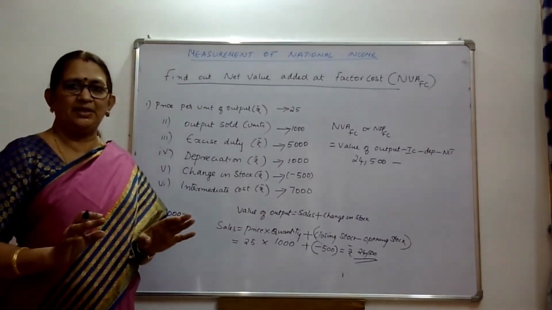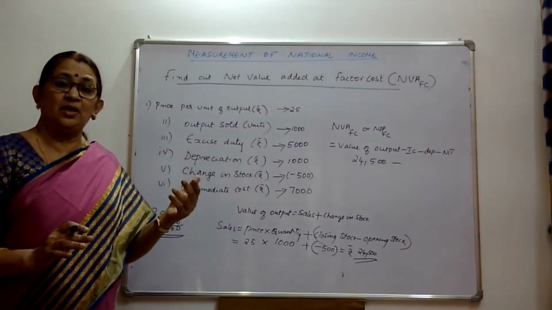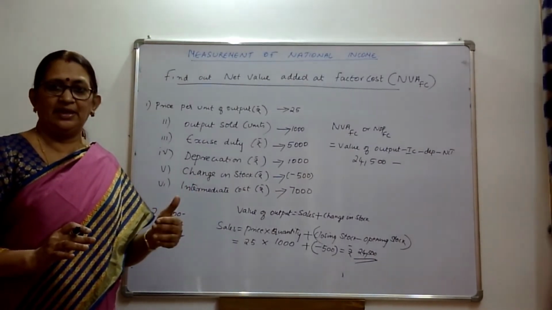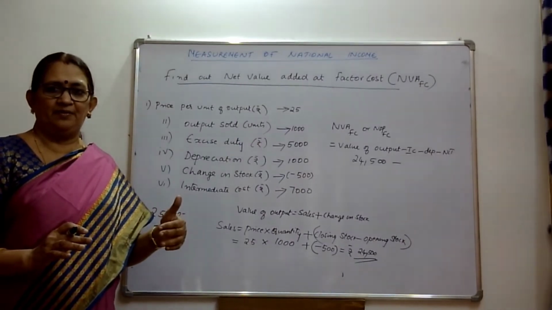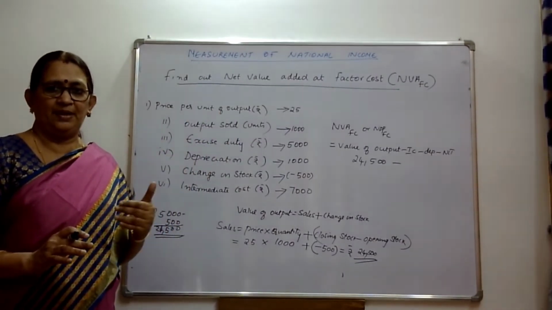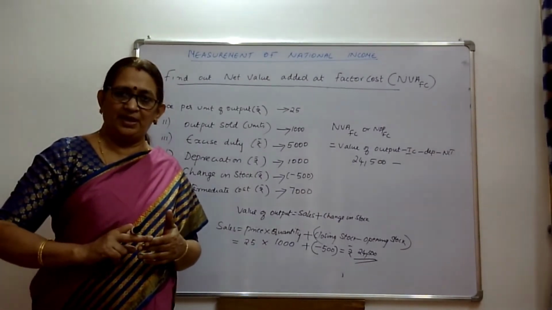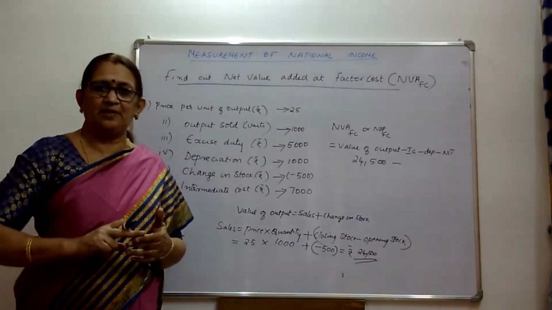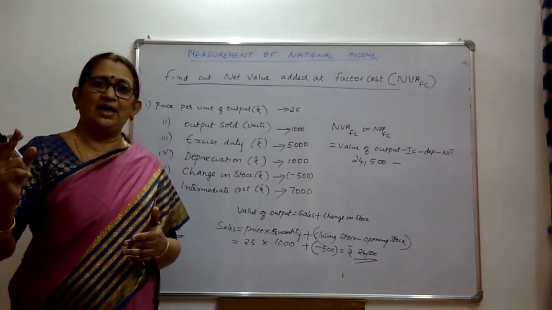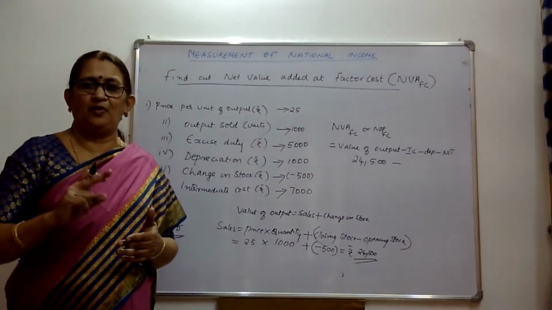Sometimes intermediate cost will not be given directly; instead purchase from within the country, or domestic purchase, will be given, and import also will be given. Intermediate consumption, that is purchase of raw materials, happens within the country, that is domestic purchase, and the firms are importing, that is purchasing from other countries in the form of import.